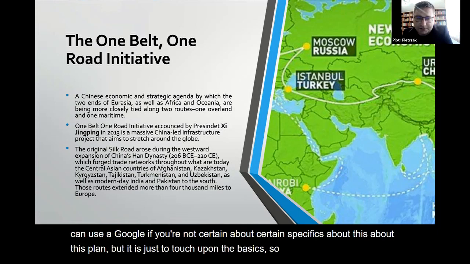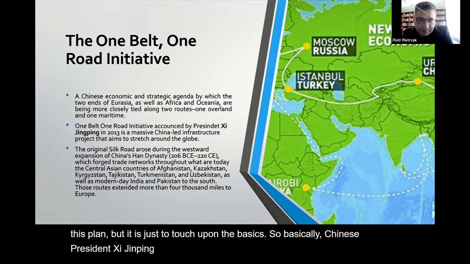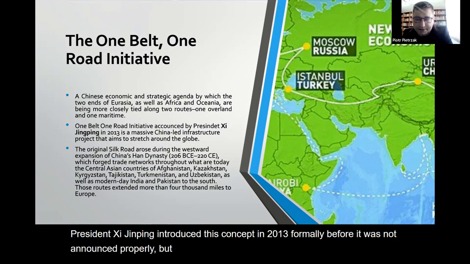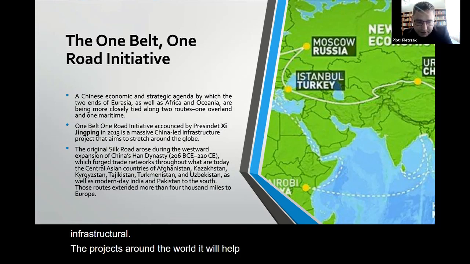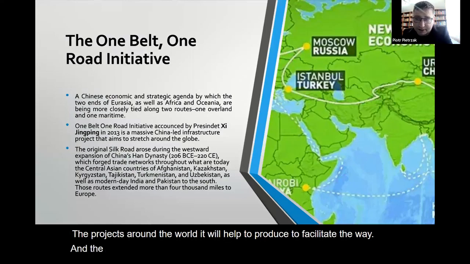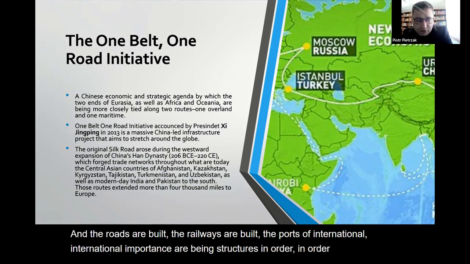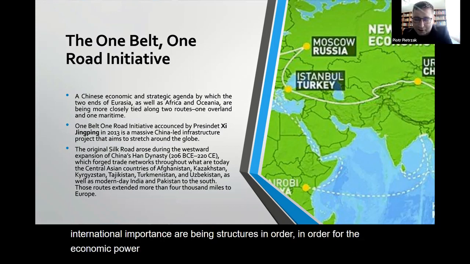So basically, Chinese President Xi Jinping introduced this concept formally in 2013, before it was not announced properly, but it suggests that China will engage in massive infrastructural projects around the world. It will help to facilitate the way the roads are built, the railways are built, the ports of international importance are being structured in order for the economic power of China to be projected around the world.